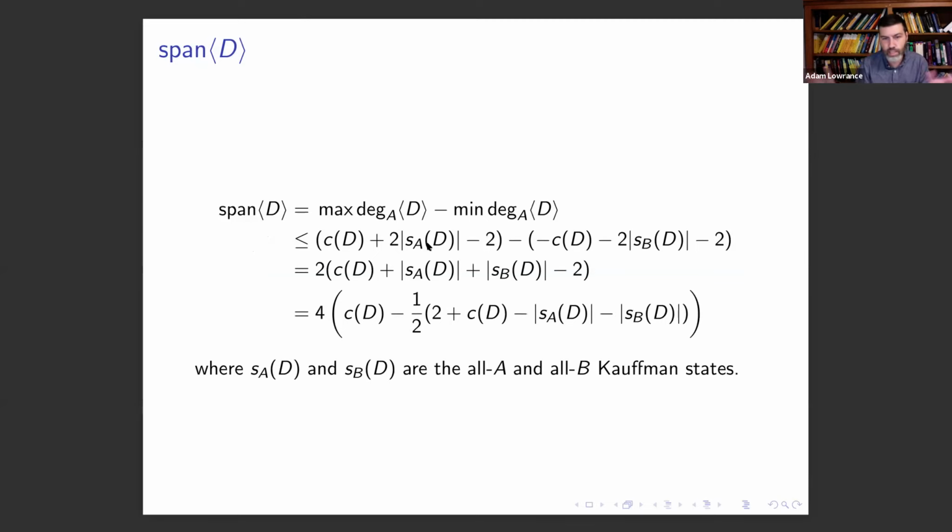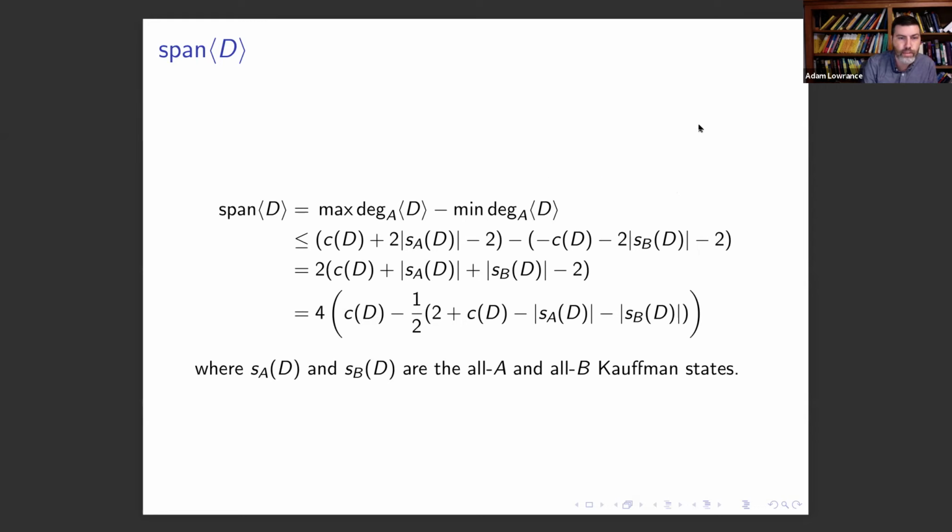Those terms could cancel in general, but the span's bounded by the difference that we have here in the second line, where the first parentheses is the contribution of the all A state, and the second parentheses is the bottom contribution of the all B state. You do a little bit of algebra in the last two lines, and it pops out to be 4 times the crossing number minus this other term.